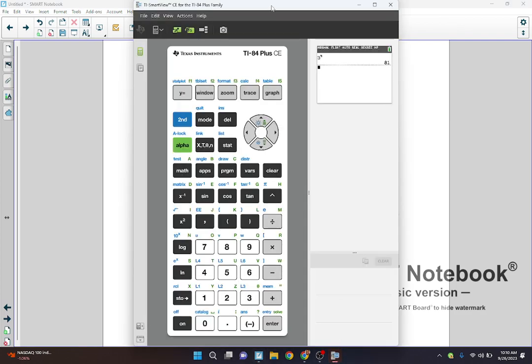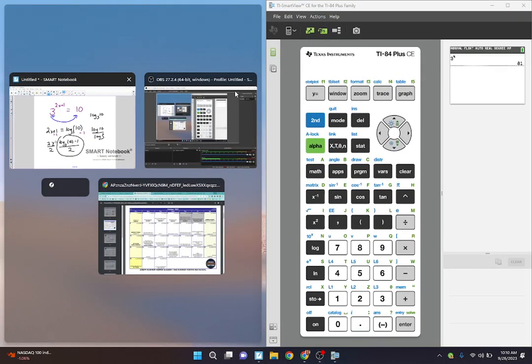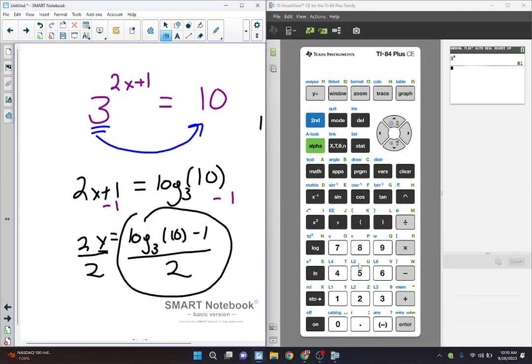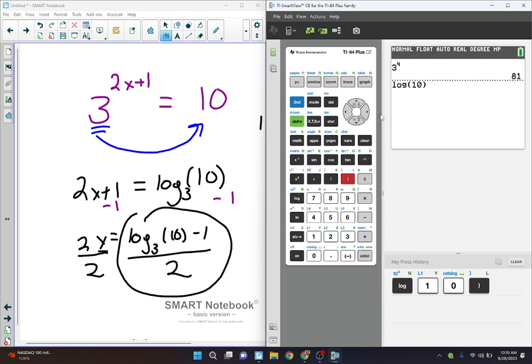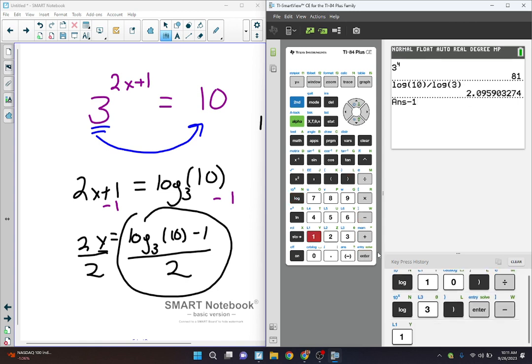And then just so you got the calculator answer real quick, it's going to be log 10 divided by log 3, that'd be some crazy decimal, minus 1.